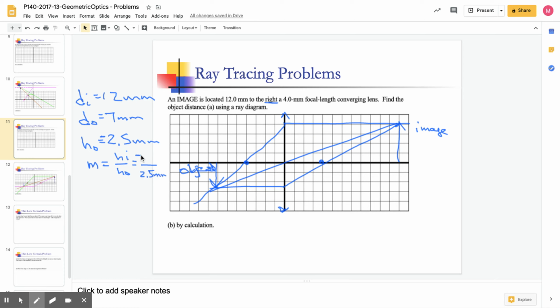And so my image is going to be a negative 4. And so I can calculate my magnification from that, and my magnification is going to be a negative 1.6.